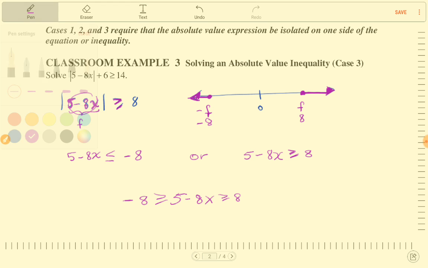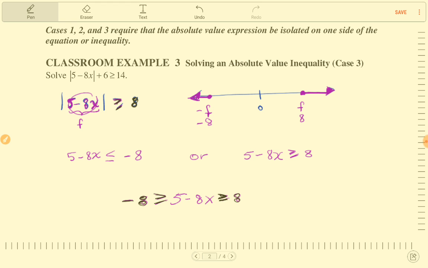So you always start on this side with the positive 8, using the same symbol that you originally had, and you're not changing the sign of the value on the other side. And then you keep the direction the same, but put it on the other side of the expression and change the sign.